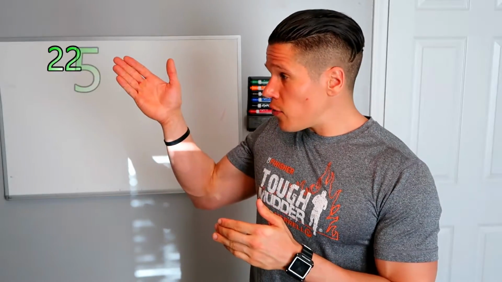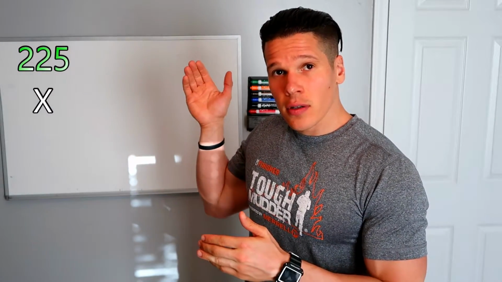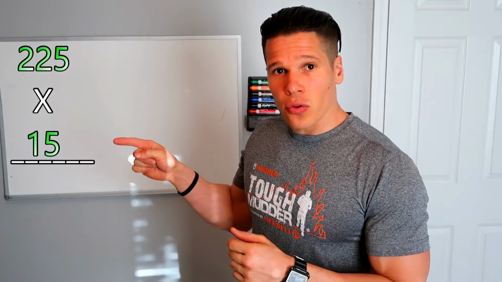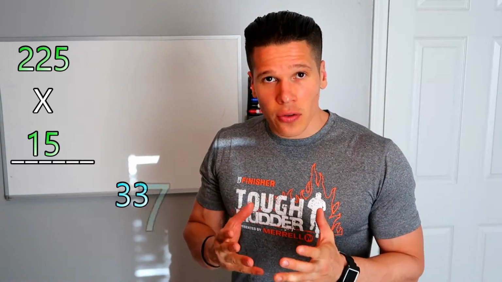So 225 times 15 is equal to 3,375 pounds. That is the total volume that you're doing for the barbell back squat. So in this case, to manipulate volume in isolation, more reps need to be added.